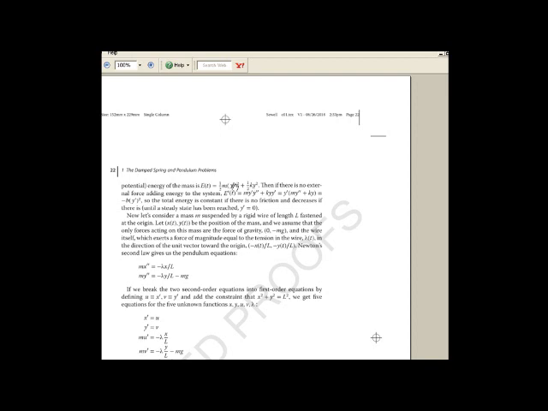Anyway, the total energy is kinetic energy plus potential energy of the system, and if you take the derivative of that, you get 1/2 times m times 2y prime times the derivative of y prime, which is y double prime. The 1/2 and the 2 cancel. Derivative of this, the 2's cancel, and you get ky y prime.